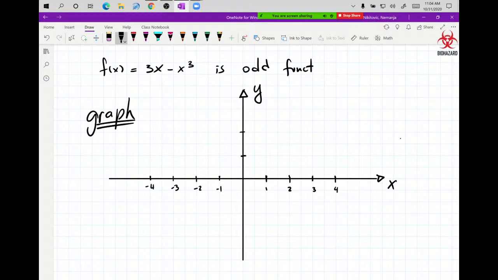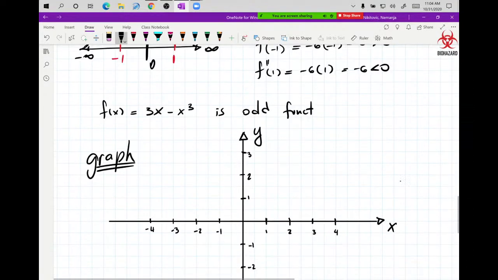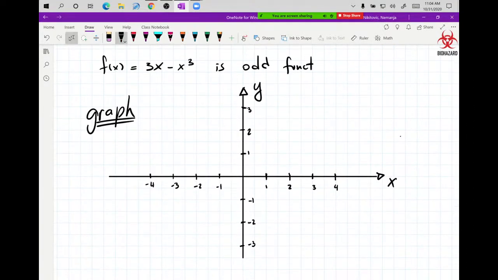And then 1, 2, 3 here, and then negative 1, negative 2, negative 3 here. Let's graph them all. What do I have? Negative 1, negative 2 minimum, meaning a smiley face through it. It's a minimum.